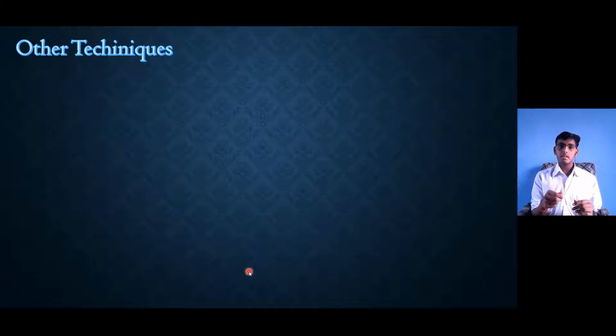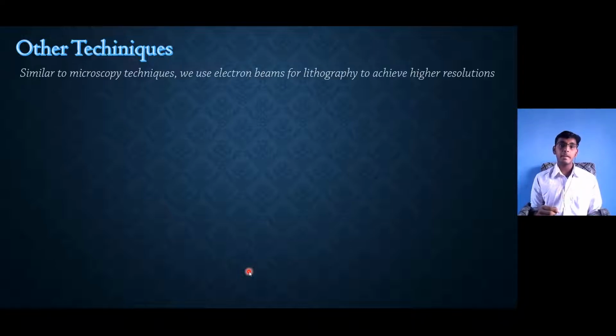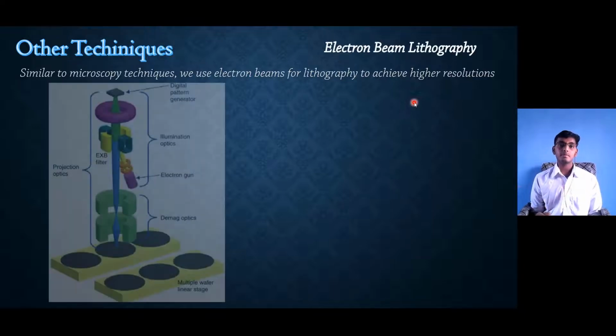Just to complete, we learn another technique. If we remember, in the case of light microscopy, we are limited by the wavelength of the source. So we shifted to electron beams for imaging. Similarly here also, for the limitation posed by the optical technique, we use electron beams to achieve higher resolution, and this technique is called electron beam lithography.